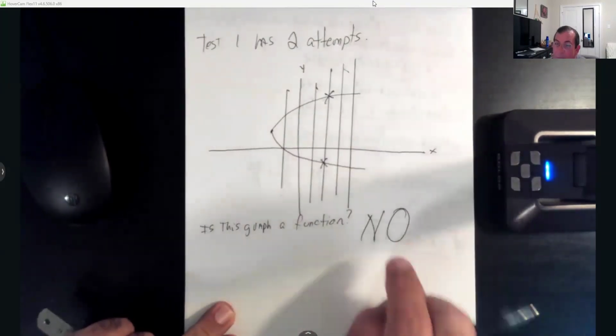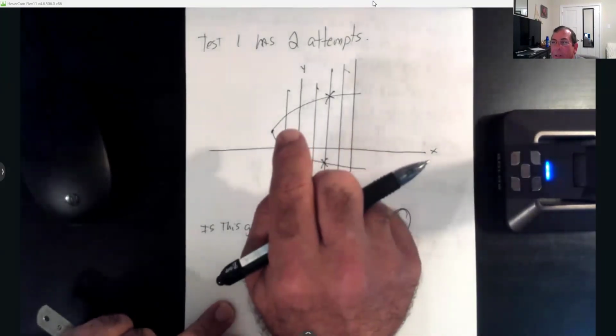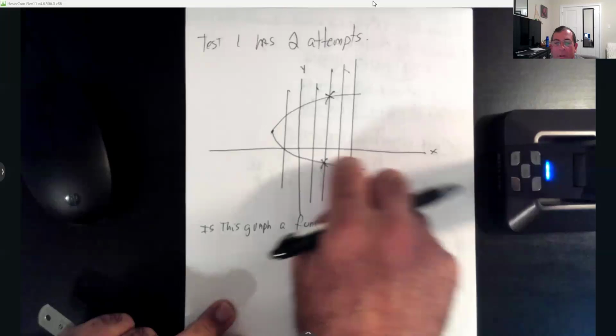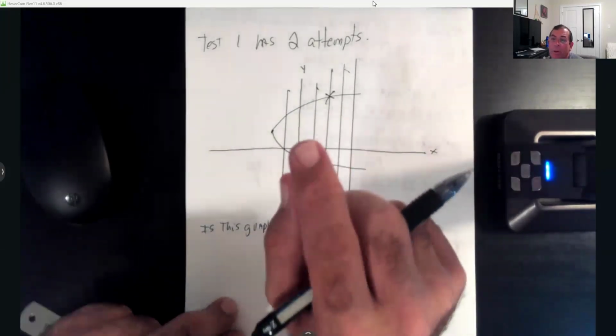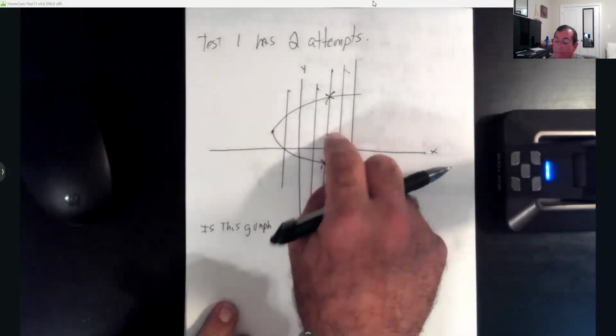If that happens, that's not a function, and y'all are going to have that same question with the same exact picture. So y'all, I highly recommend you do the review before you do that test, and you'll see the same question on it, okay?